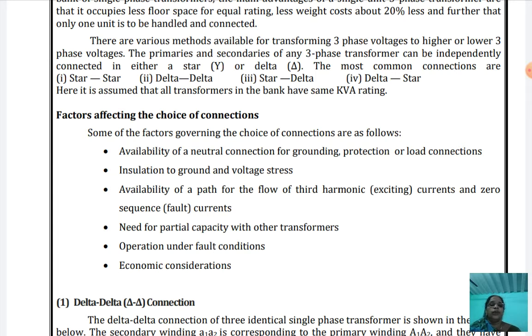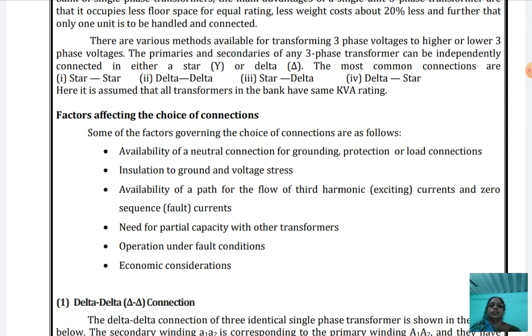First one is the availability of the neutral connection for grounding, protection or load connections. The second one is insulation to ground and voltage stress. The third one is the availability of a path for the flow of third harmonic current, that is the exciting current, and zero sequence current.